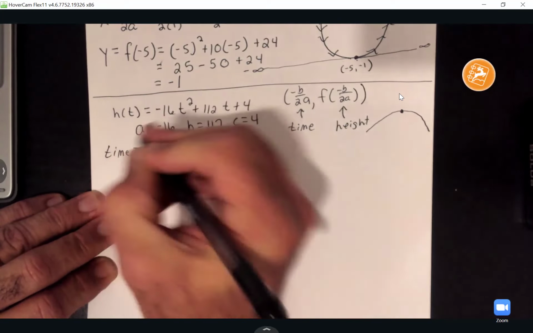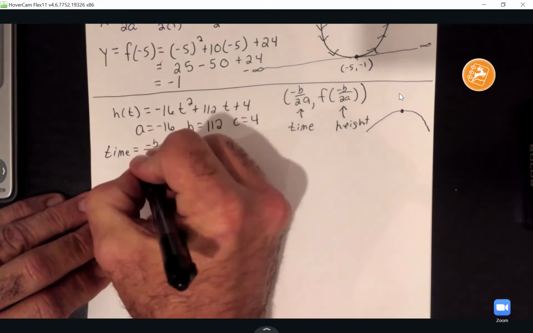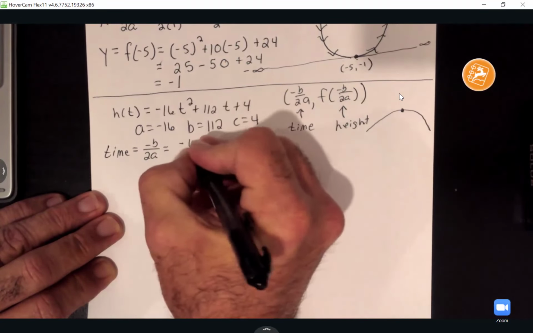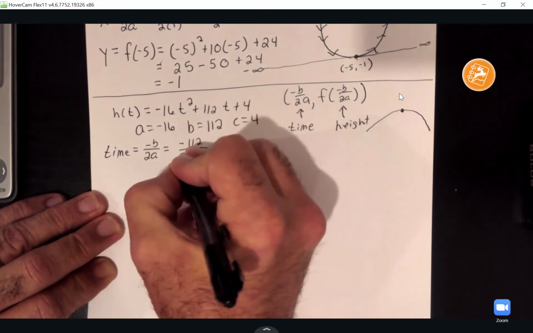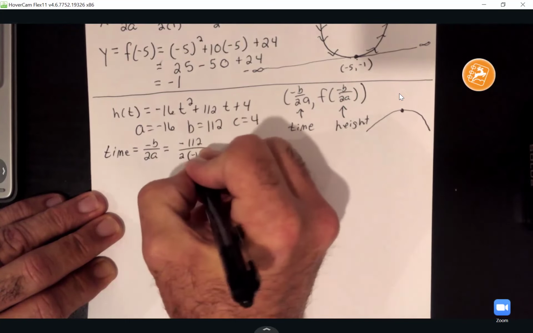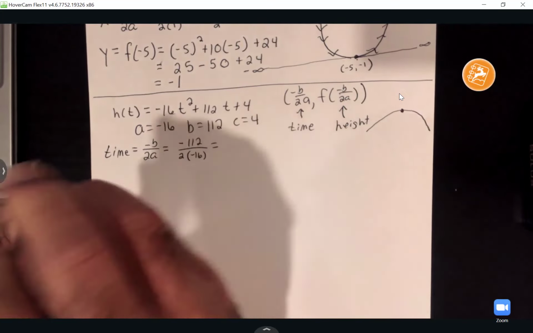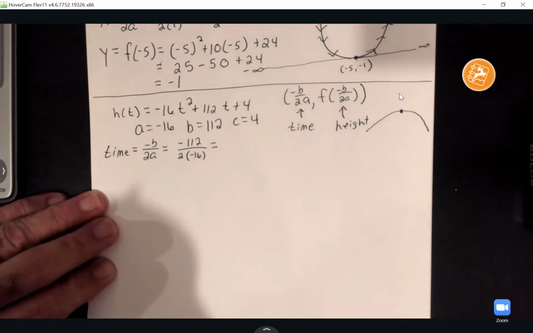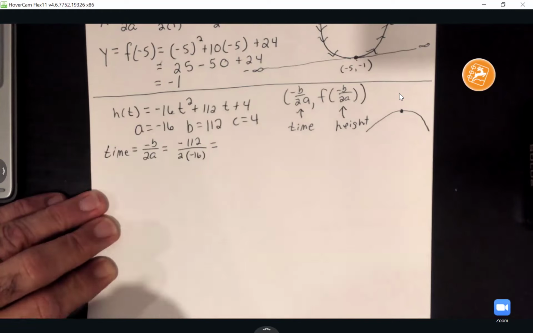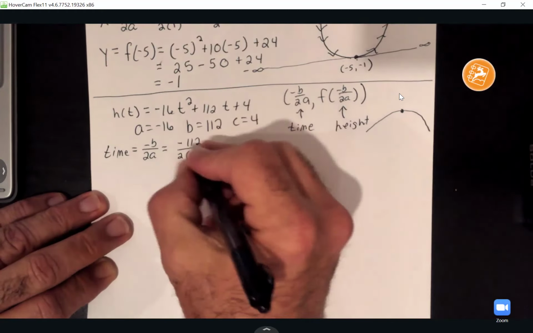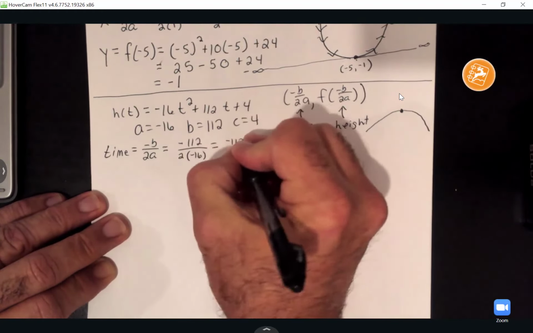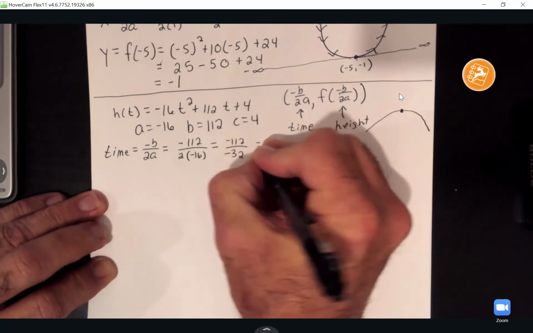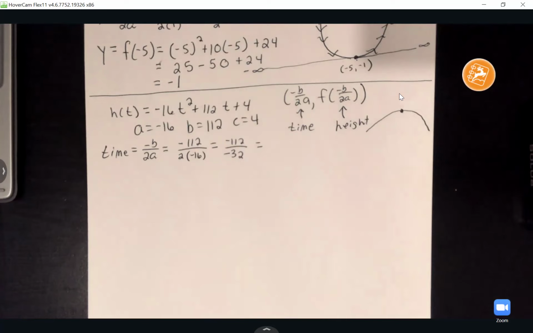So the time is going to equal -b over 2a, which will be a negative times 112 over 2 times my -16. Now, since you're finding time and height, both of these better end up positive, okay? All right, y'all, let's see what I get. Negative 112 over negative 32.